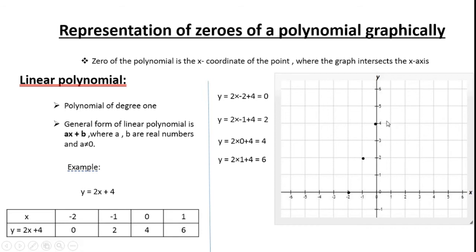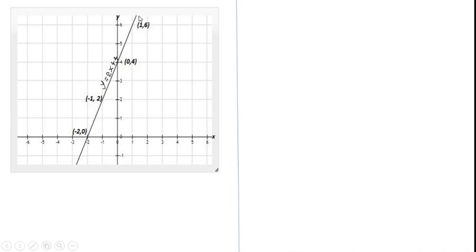See here, 1, 6 is here. Now we can join these points. See, joining these points, we got the graph. This is y equals 2x plus 4. These are the points minus 2, 0, minus 1, 2, 0, 4, 1, 6.